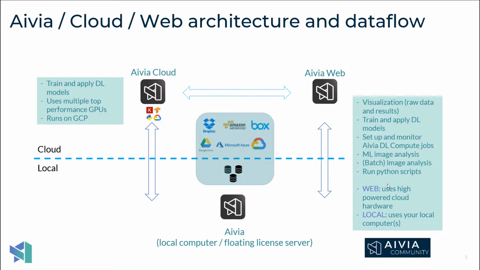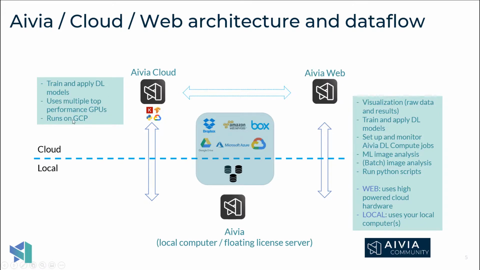So this is the full high-level architecture and data flow for the Aivia product family, including cloud and web. And it can be divided into 3 parts. The Aivia desktop version that is installed in a local computer, and you can have multiple licenses running on a licensed server. That connects to Aivia Cloud via the local client that can send jobs to cloud computing.